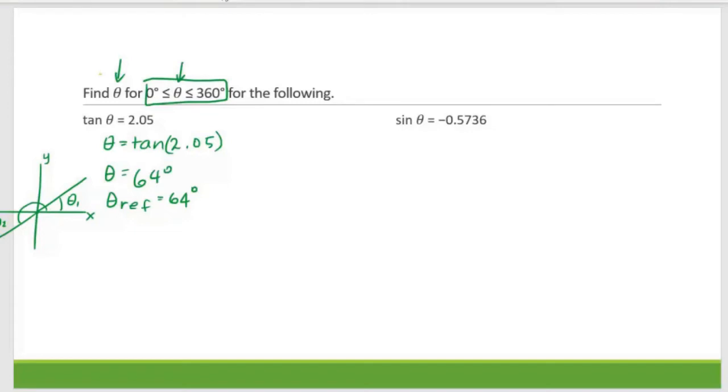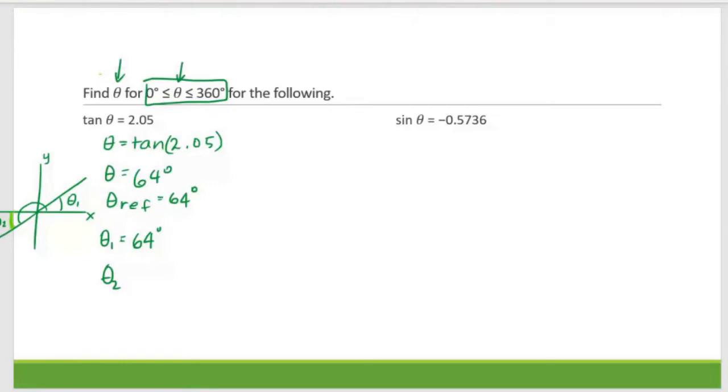All right, so theta 1, well, yeah, that is the angle of 64 degrees. The reference angle in all cases but one, and we'll look at that, is always going to be an angle in quadrant 1 or quadrant 2. And so often, it's a free answer. But for theta 2, where is that reference angle? Well, the reference angle will be here.